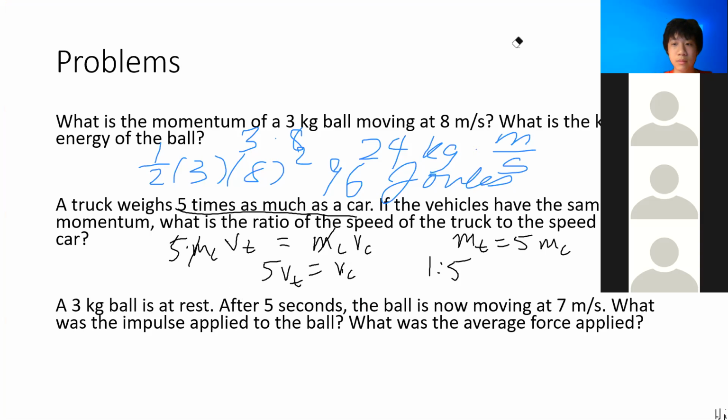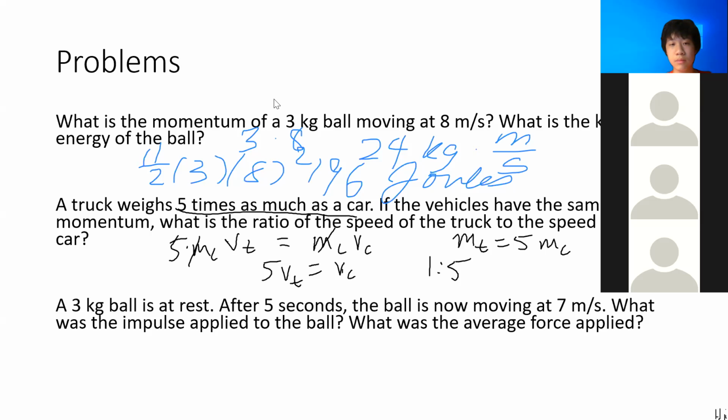So you first have to find the force applied, and using Newton's second law, that's F equals ma, and you already have m, so you have to find a, which is equal to the final speed over the amount of time, which is 7 over 5 meters per second squared.